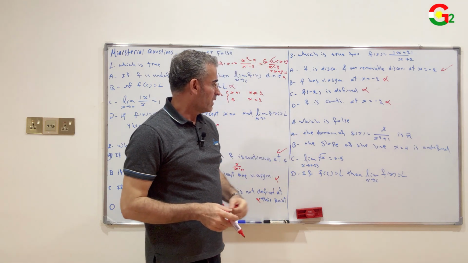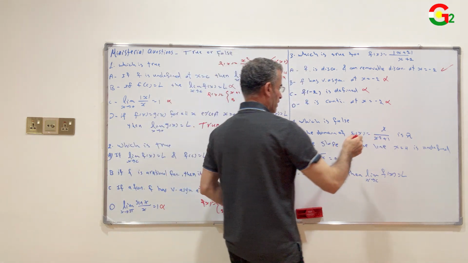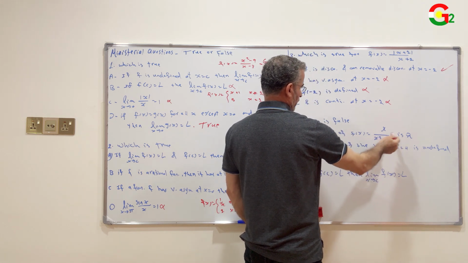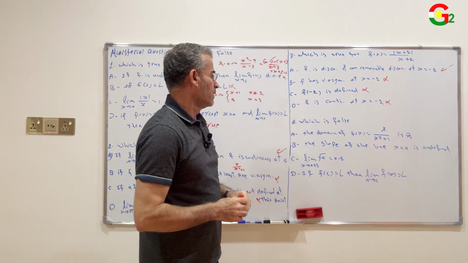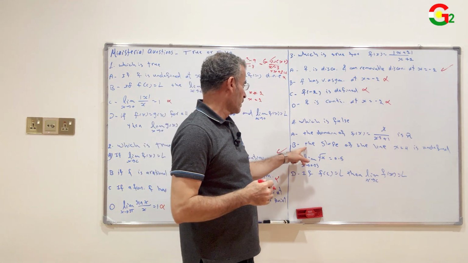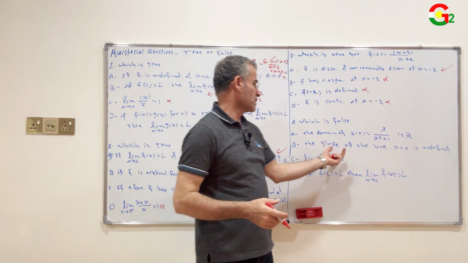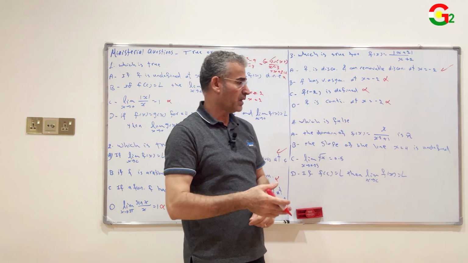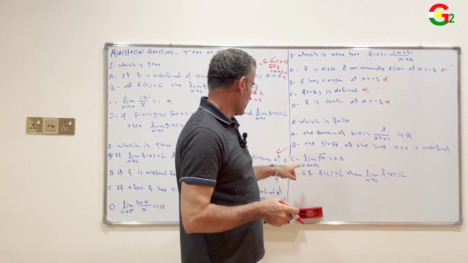The domain of the function x over x power 2 plus 1 is R. This statement is true, since x power 2 plus 1 is never 0; there is no real number that makes it 0. The slope of the line x equals 4 is undefined. Also true, since x equals 4 is a vertical line and all vertical lines have undefined slope.